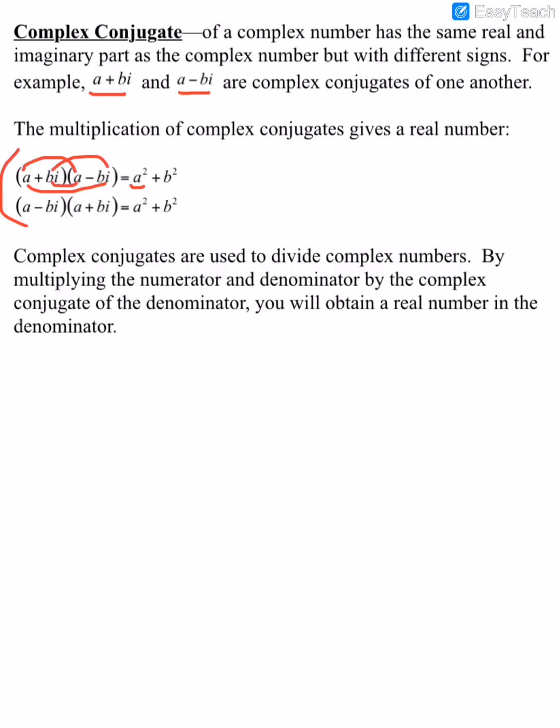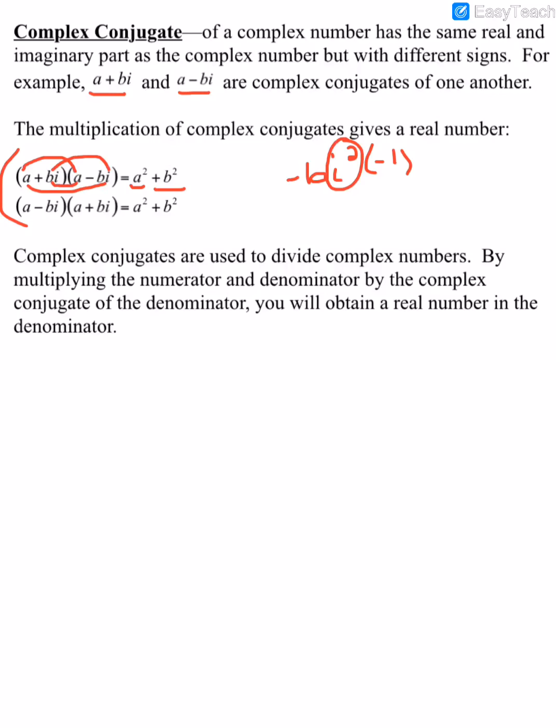And then when I multiply the last two terms, that would give me a negative bi squared. Well, that i squared is a negative 1, so that would just give me a plus b squared, which means all of the i's go away. Of course, it would be the same thing if I multiplied a minus bi times a plus bi. It just gets rid of all of the imaginary numbers.